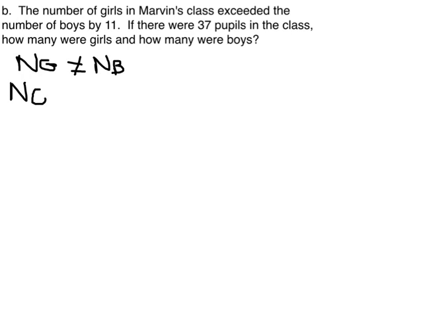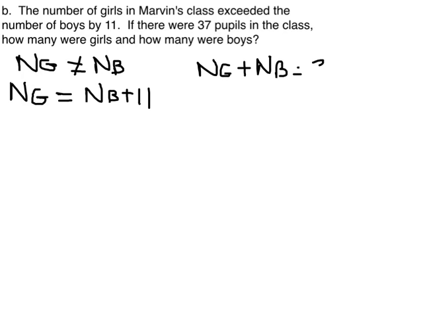Well, if the number of girls exceeds the number of boys by 11, then if we added 11 to the number of boys, then they would be equal. And we also know that the number of girls plus the number of boys is equal to 37.